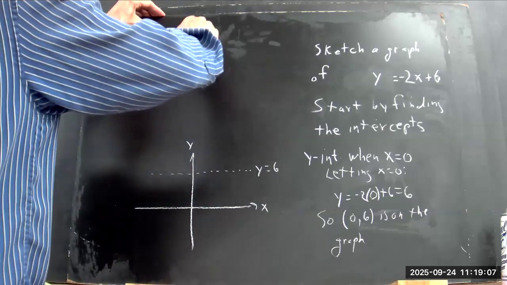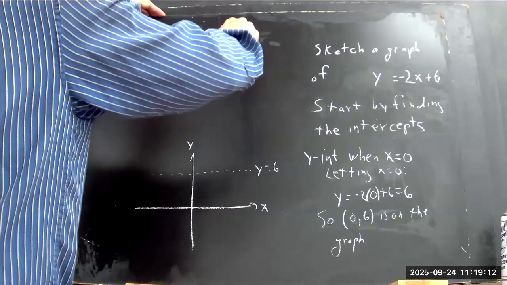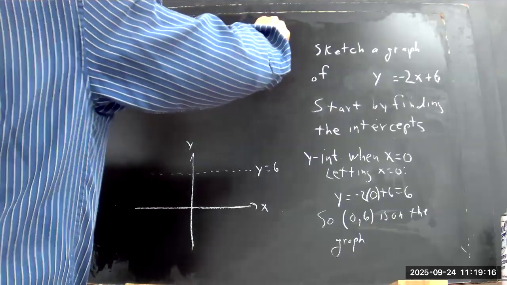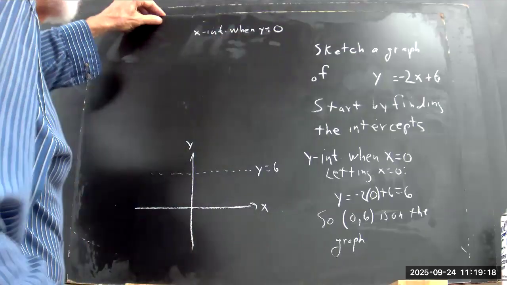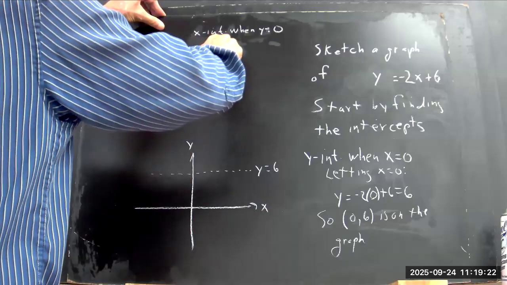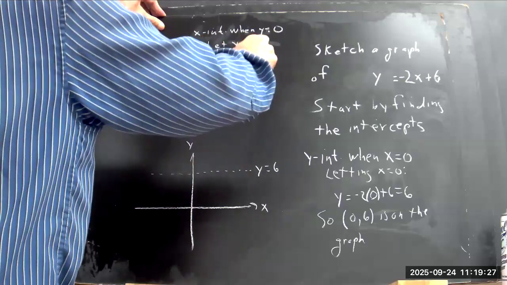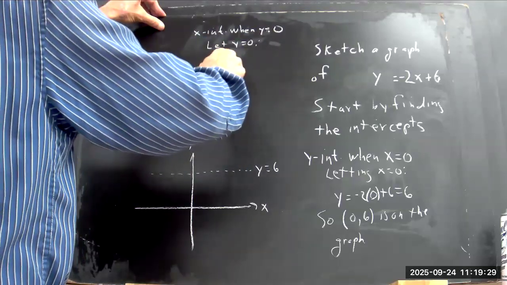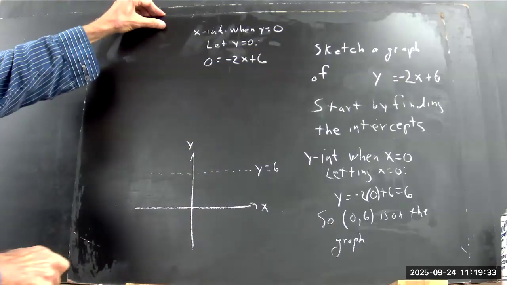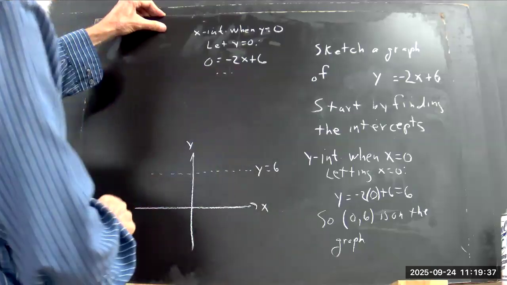Okay, then x-intercept. y equals 0. So at y equals 0, you get 0 equals -2x plus 6. And you solve it.